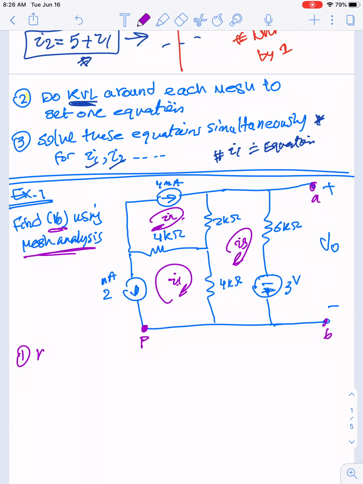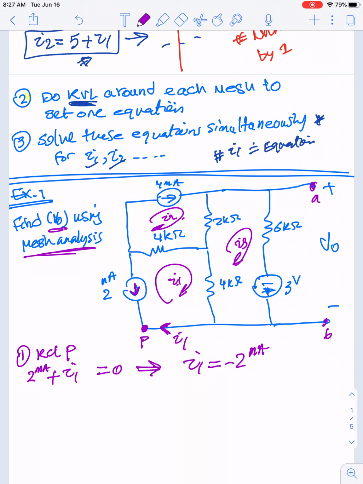I will do KCL around P. In KCL around P, I1 is clockwise, so it means I1 is going into P, and the 2 milliamperes current is also going into P. So flow in is equal to flow out. Flow out is 0, flow in is 2 milliamperes plus I1. That gives us I1 is equal to minus 2 milliamperes.